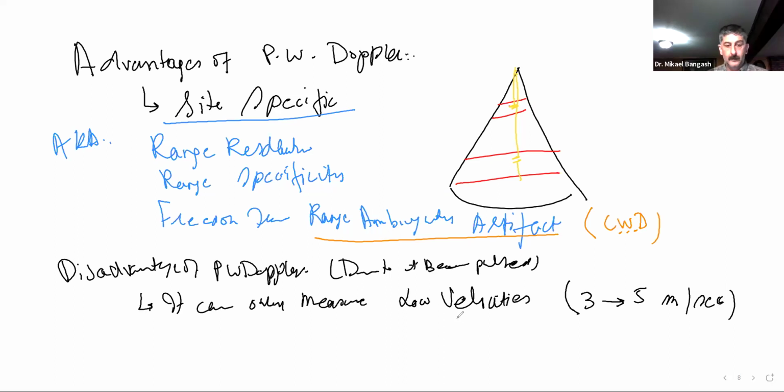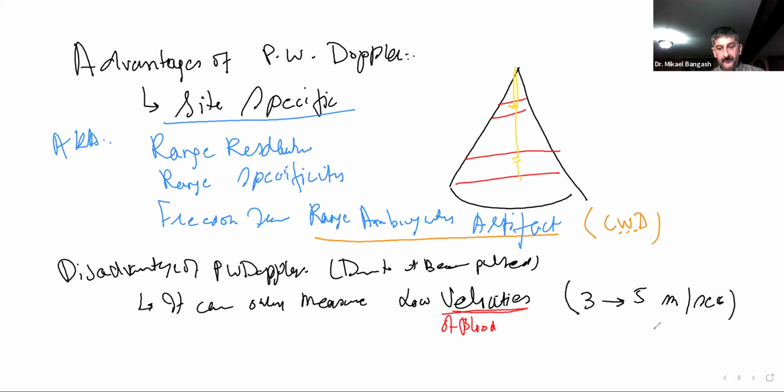So velocity of what? Velocity of blood. So it is only able to measure velocity between 3 to 5 meters per second. We can say this 5 meters per second is the max velocity that a pulse wave Doppler will be able to measure. Clear?